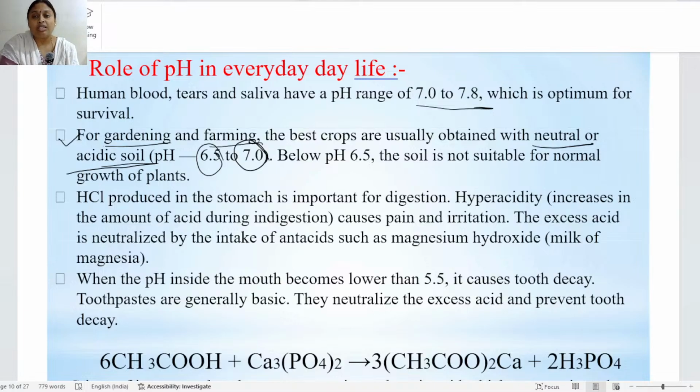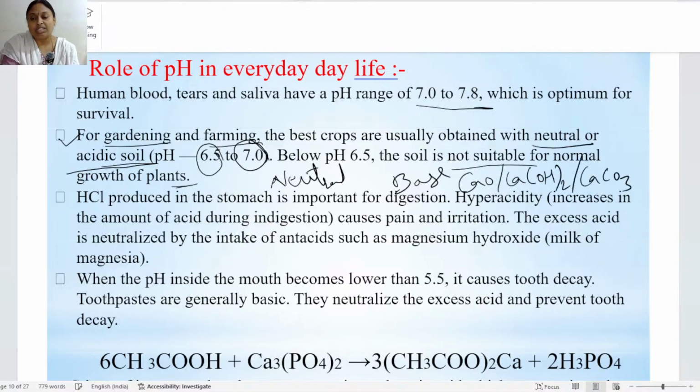So in that case, this will not be suitable for the normal growth of the plants. Then what are we supposed to do? Generally we need neutral pH, but here the soil is acidic. So acidic soil we have to neutralize by adding a base. So what should we add? Either calcium oxide, or calcium hydroxide, or calcium carbonate.